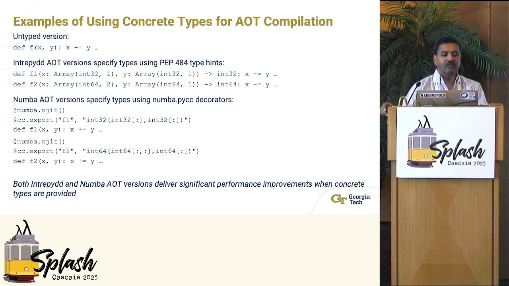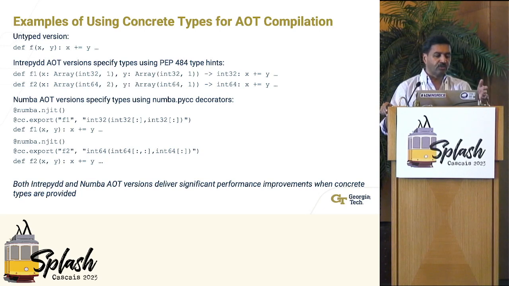To give you a feeling for what concrete types might look like, suppose you have a sample Python function, f of x, y, where x and y are two parameters. It has an operation like x plus equals y. In the research compiler developed in our group called Intrepydd, presented 3 years ago in Onward 2020, you could specify types using type hints.